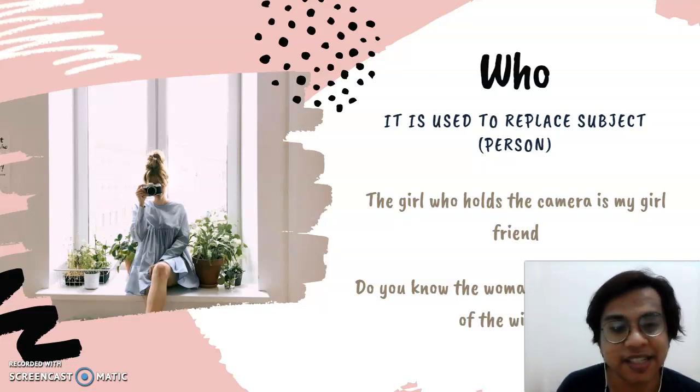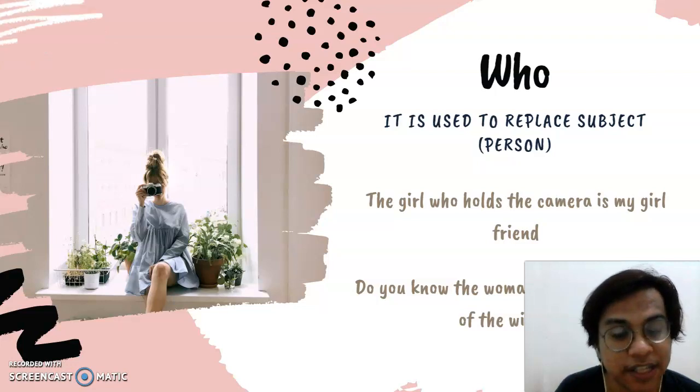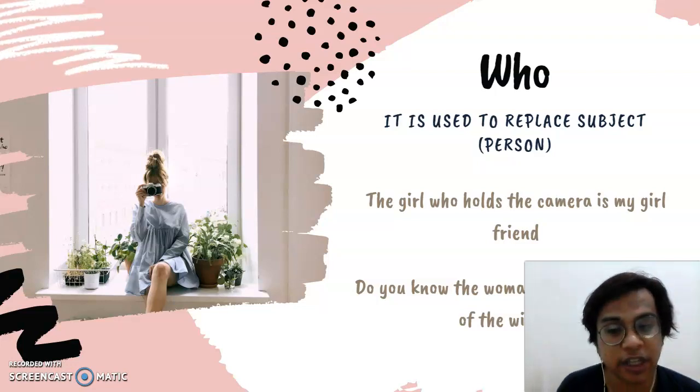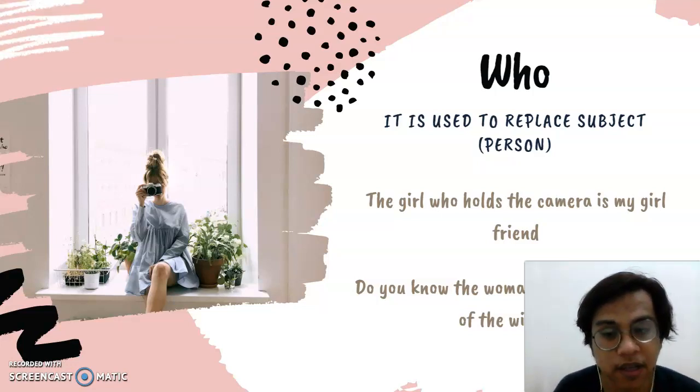This is just the same as the first example. The who here explains the woman who sits in front of the window. So when we use who, it must talk about a person. We cannot use who as a relative pronoun when we talk about things or animals.